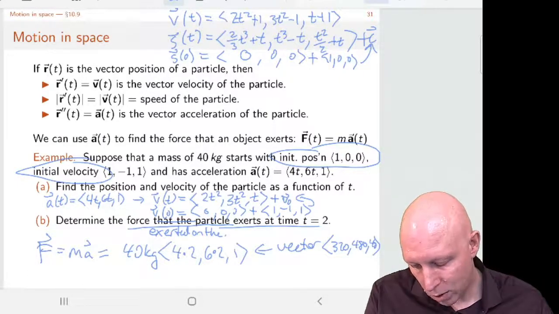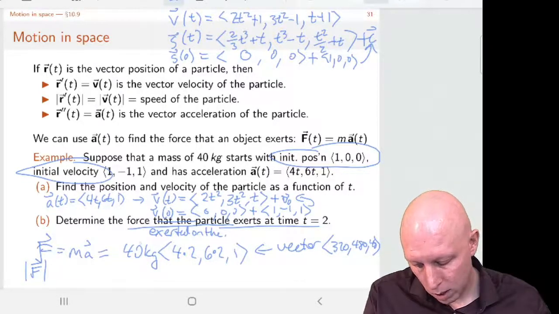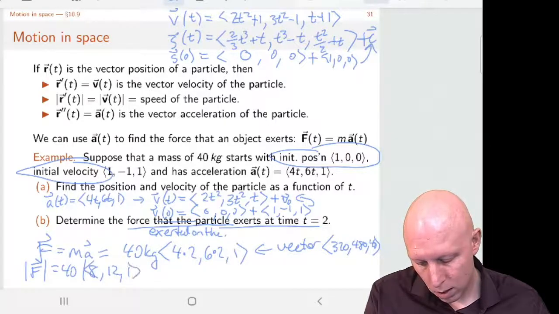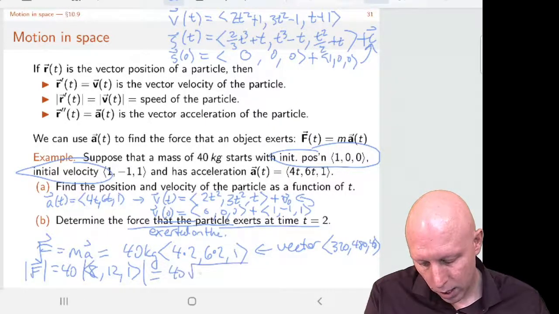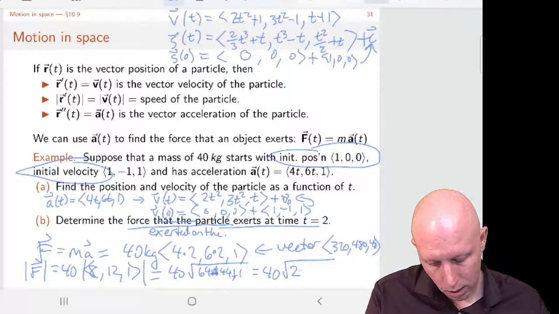And so if we wanted the magnitude of the force, then what we could do is 40 times the magnitude of 8, 12, 1. 40 times the square root of 8 squared is 64, 12 squared is 144, 1 squared is 1, so 40 square root of 209.